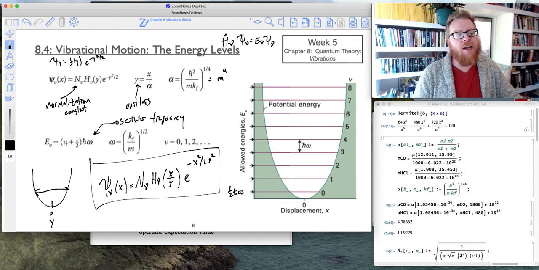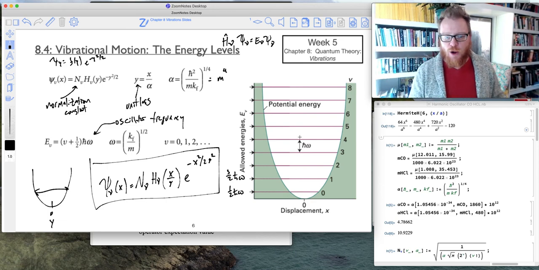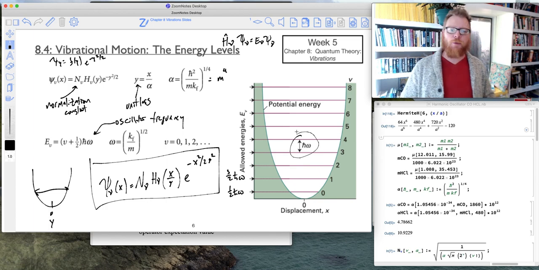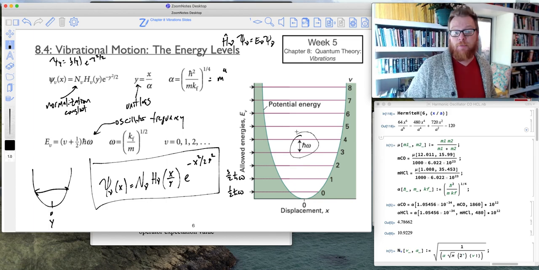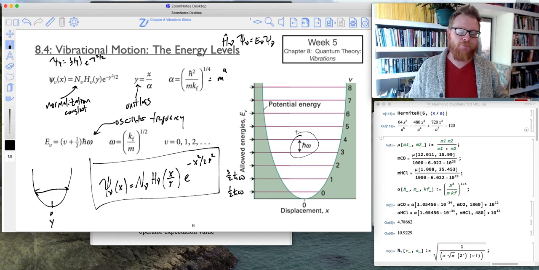What about if nu is equal to 1? Then that next level is at 3/2 h bar omega. What if nu is equal to 2? It's 5/2 h bar omega. And what you'll notice, as indicated by this picture, is that the energy spacings are linear, so they're the same as you go up, and they have values of h bar omega.